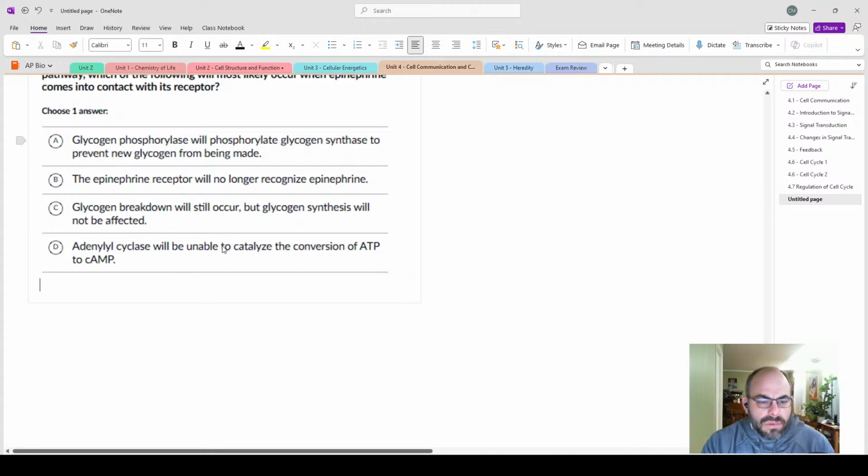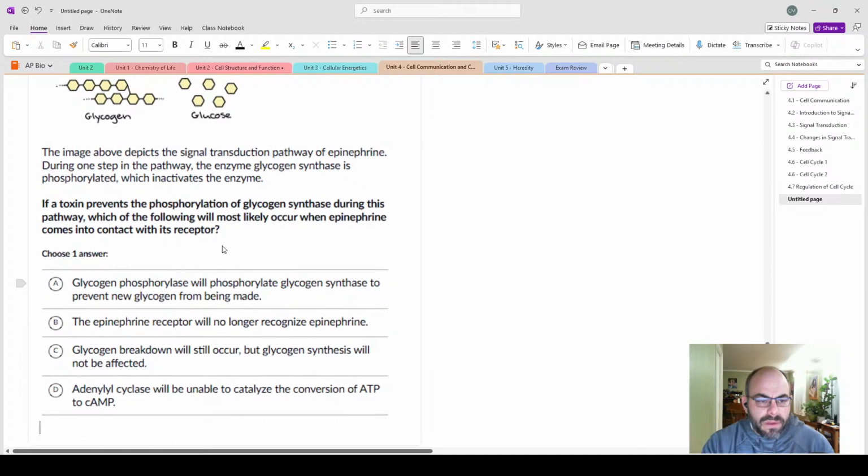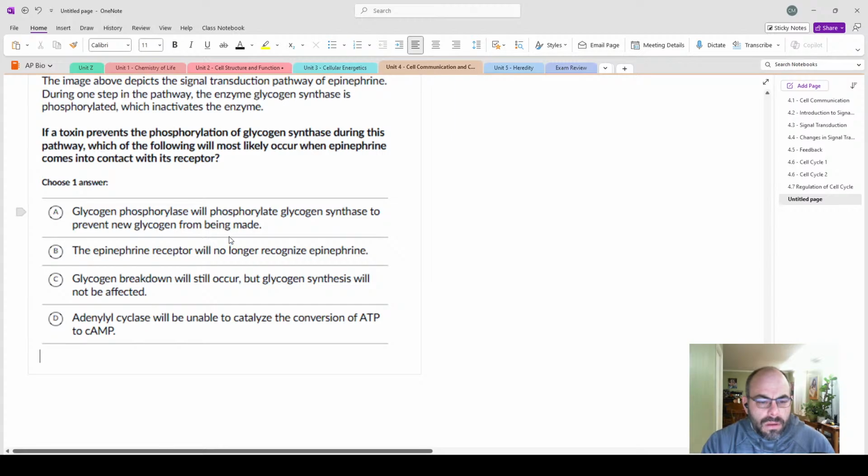Glycogen breakdown will still occur, but glycogen synthesis will not be affected. See, I'm getting turned around too.